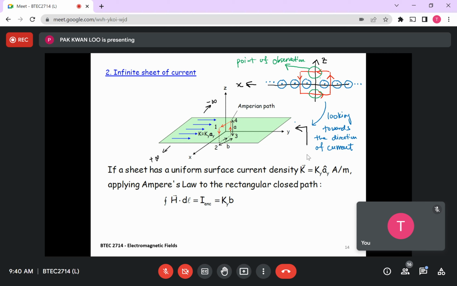I will try to redraw this again. If you use your right hand rule, let's say this is the point of interest.